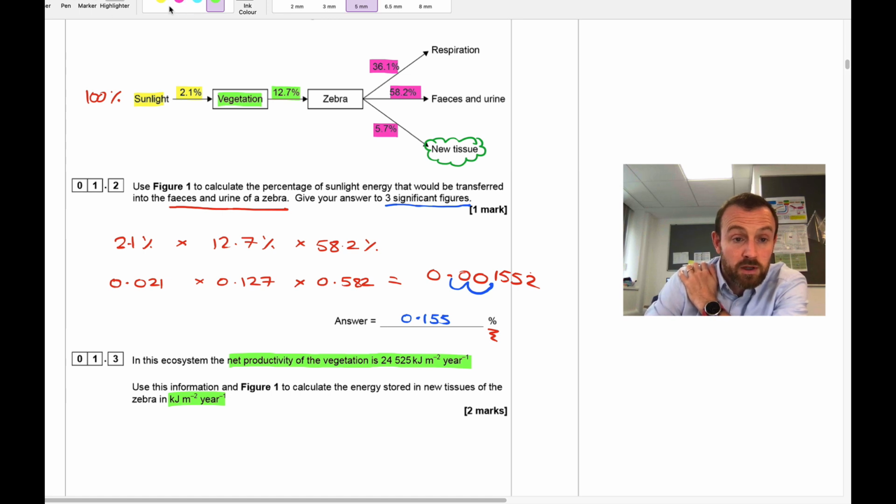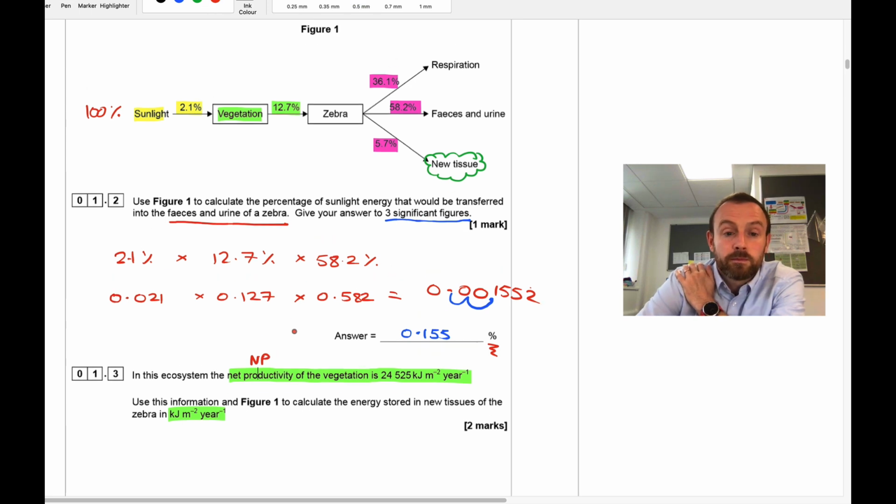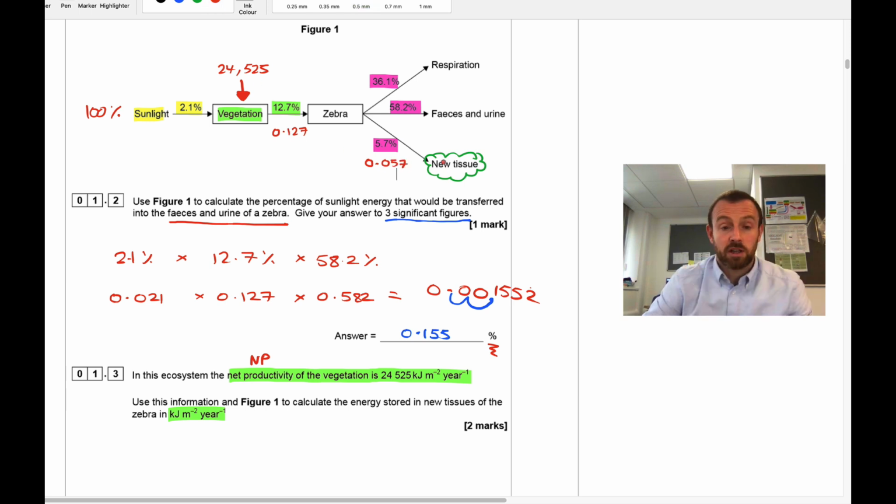The net productivity of the vegetation, that's this number: 24,525. We want to work out how much goes into the new tissues of the zebra. So we need to times it by the decimal value, which is 0.127, and then times it by 0.057. That times that should give us this. Let's work it out.